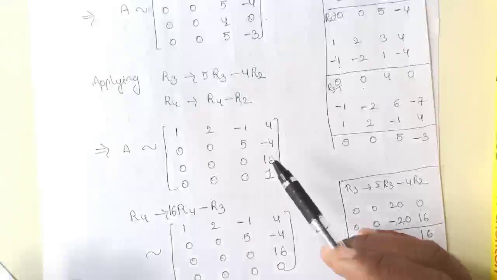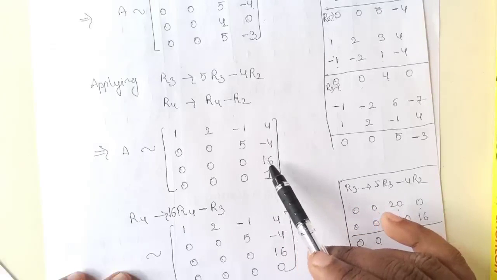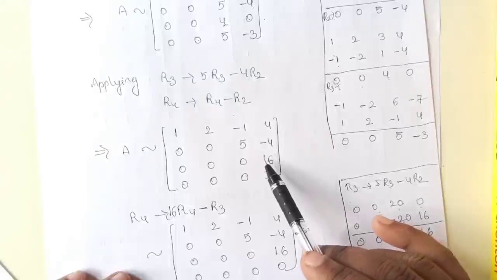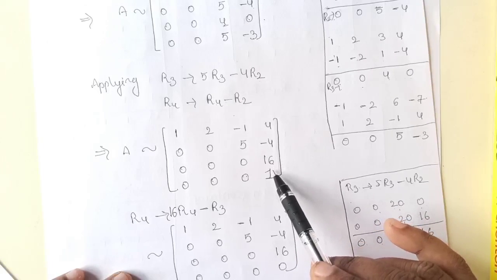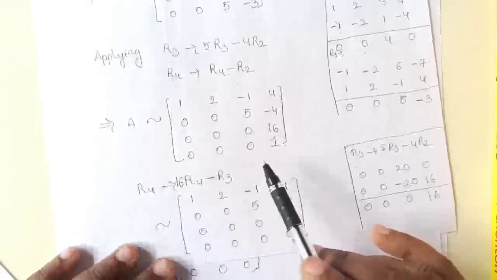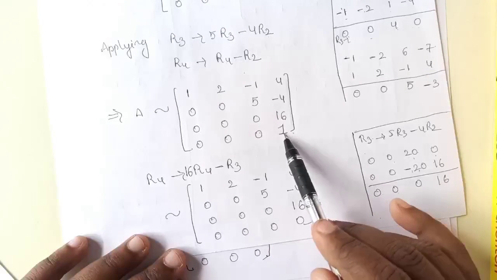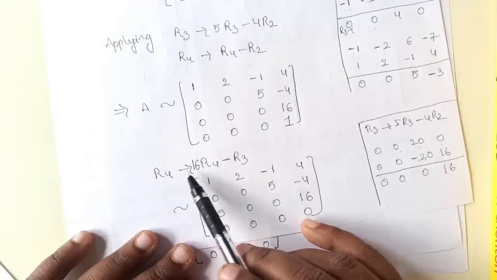Next, we can make this 16 as 1. But before that, first we make 0 below this leading entry. For that we again apply an elementary operation on R4.